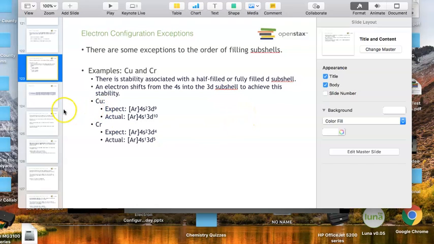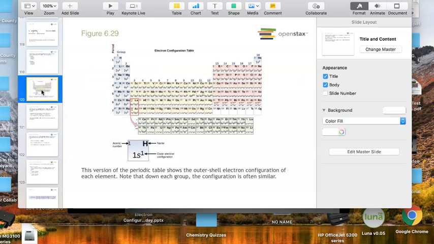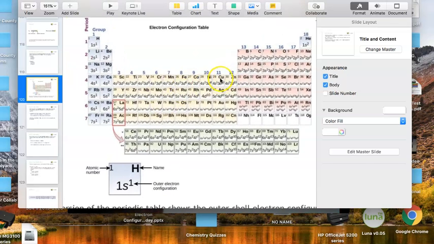So for example, what would we expect the abbreviated form of the electron configuration for copper to be? Let's figure that out. Copper is right here. Our nearest preceding noble gas would be argon, so argon in brackets.